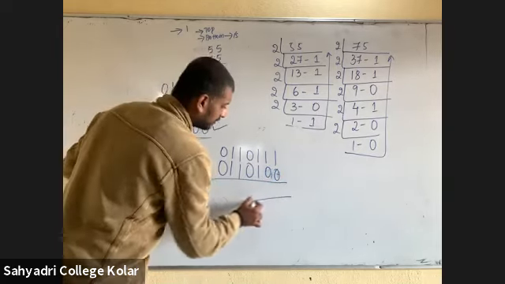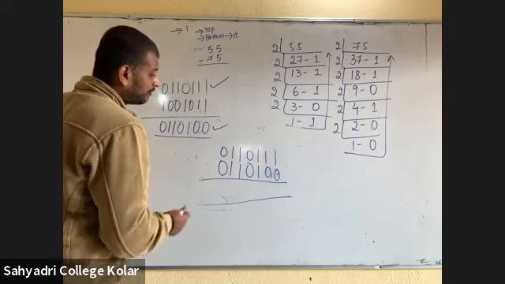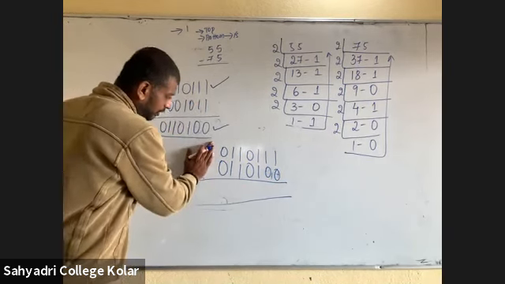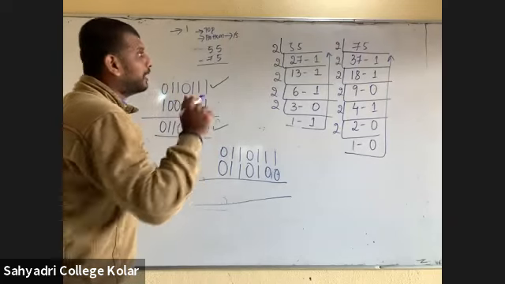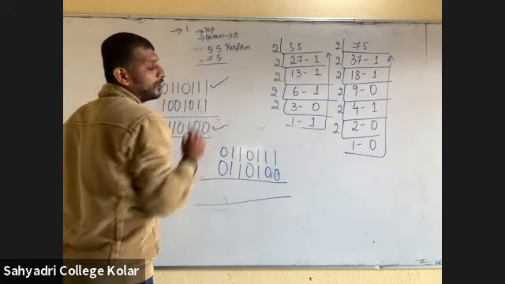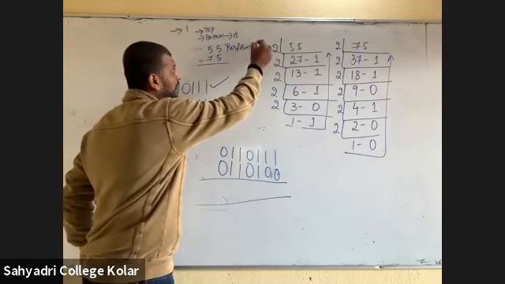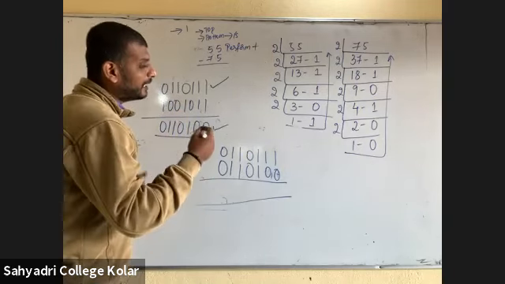So this is the second step. Once you find the ones complement, take the top number as well as the bottom number and perform addition. You should not perform subtraction here because you are using ones complement. So you need to perform addition.